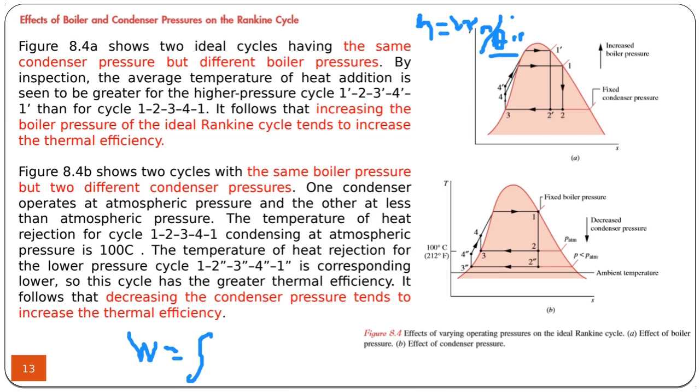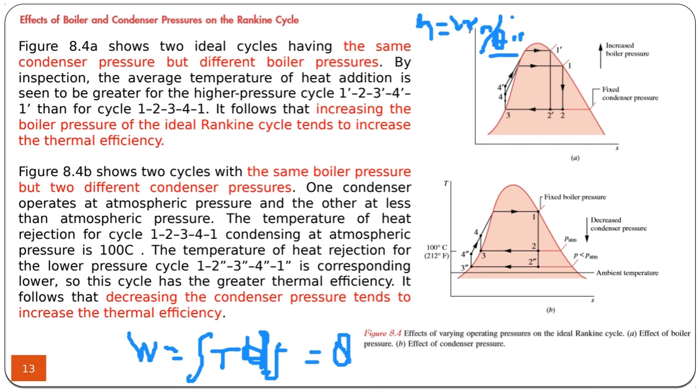Because in a cycle, net work and net heat are equal. So if you look at this TS curve here, this is the first case in which you have an area like this. In the second case, where you have a higher pressure, you have an area like that.